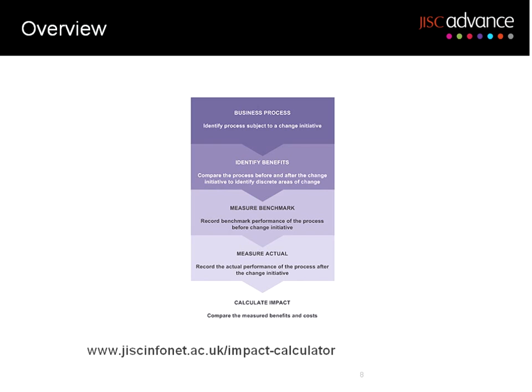So how does the impact calculator work? Well, this diagram is really the highest level overview that there is, and it just takes you through the major steps in terms of how it works. As you'll have seen if you've taken a look at it already, the whole thing is based very much around the measurement of processes, and this is deliberate, because what we're trying to work out is the benefit to the institution.